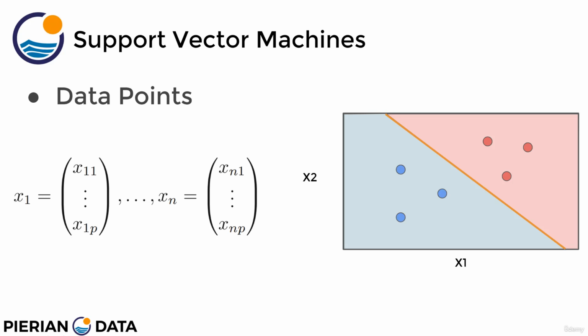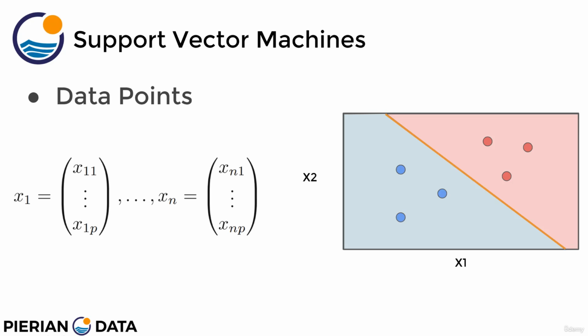It's the same data, just transposed so that the columns are the rows and the rows are the columns. Again, 1 through n is the number of points themselves, 1 through p is the number of actual features. So in this case, we would have two features, x1 and x2, given the diagram on the right. And we would have 6 points. So 1 through 6 would be 1 through n.